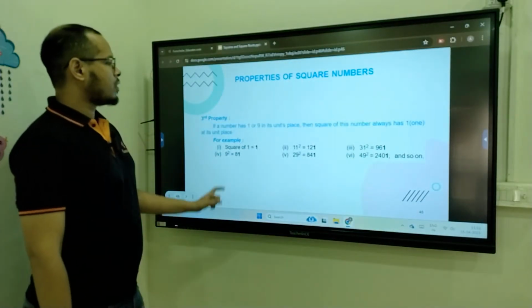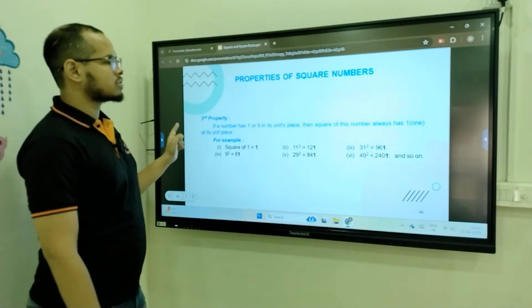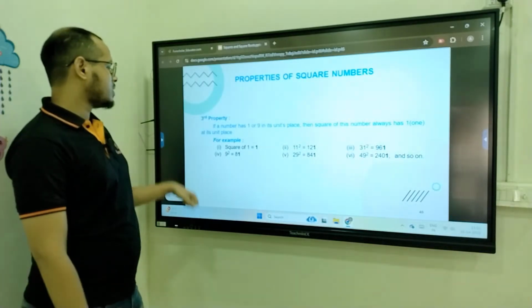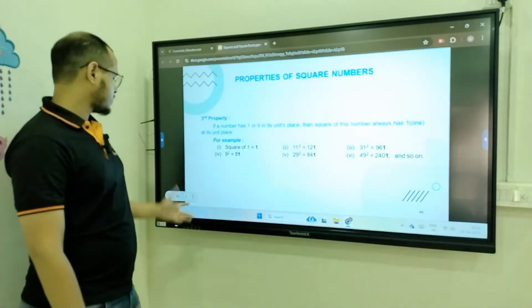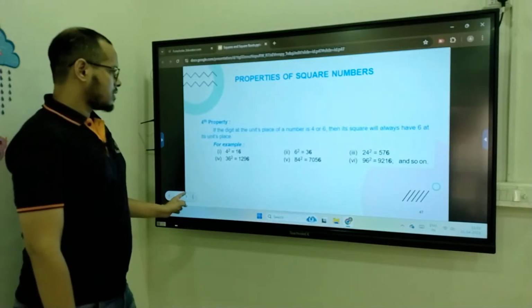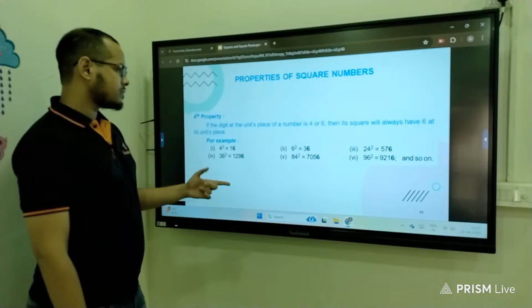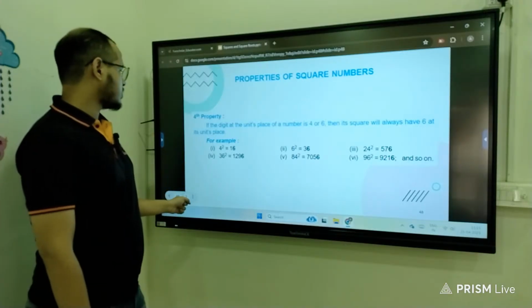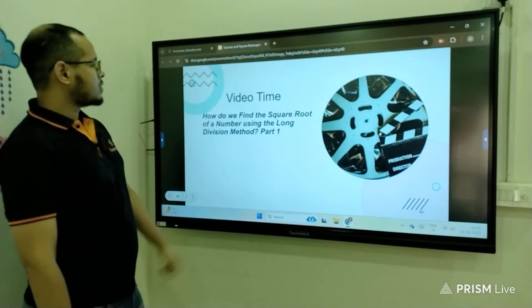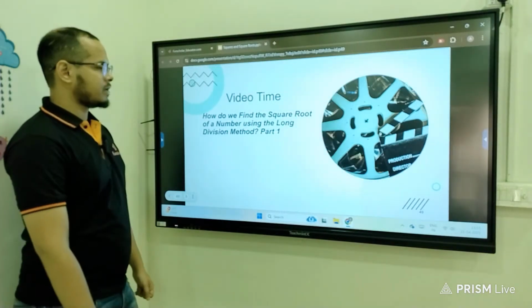Next. If 1 or 9 is in the unit place, the square of this number always has 1 in the unit place. Already discussed. 4 and 6 will have 6, already discussed. Now, how do you find the square root of a number using the long division method, part 1.